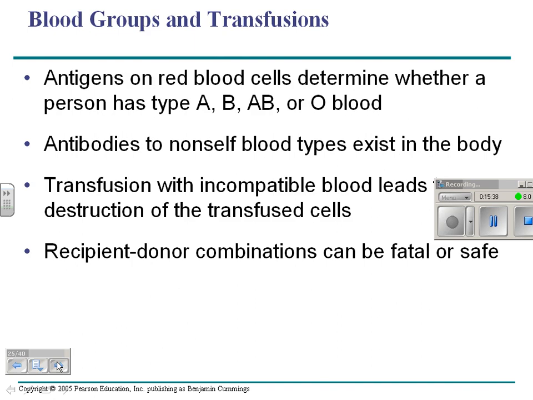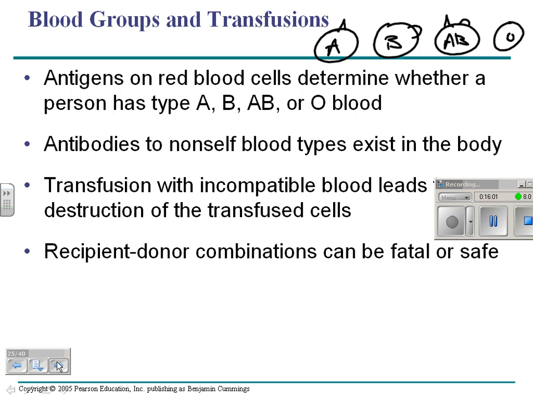Blood cells have on their surface either A antigens, B antigens, A and B antigens, or no antigens. So this would be A, B, AB, O. The problem is that A then produces anti-B antibodies.